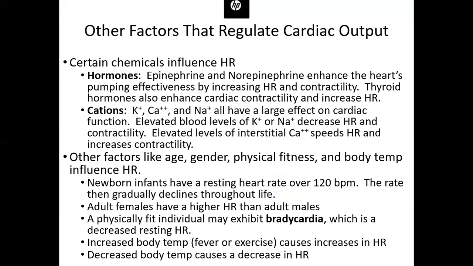Other factors that regulate cardiac output include chemicals. Hormones are a big one, so are various ions. And by now we have a pretty good idea on hormones, hopefully, from our previous lectures, especially epi and norepi that we've talked a lot about, which are always released, as we know, whenever the sympathetic nervous system is active, released from the adrenal medulla, and increase not only heart rate, but also contractility.